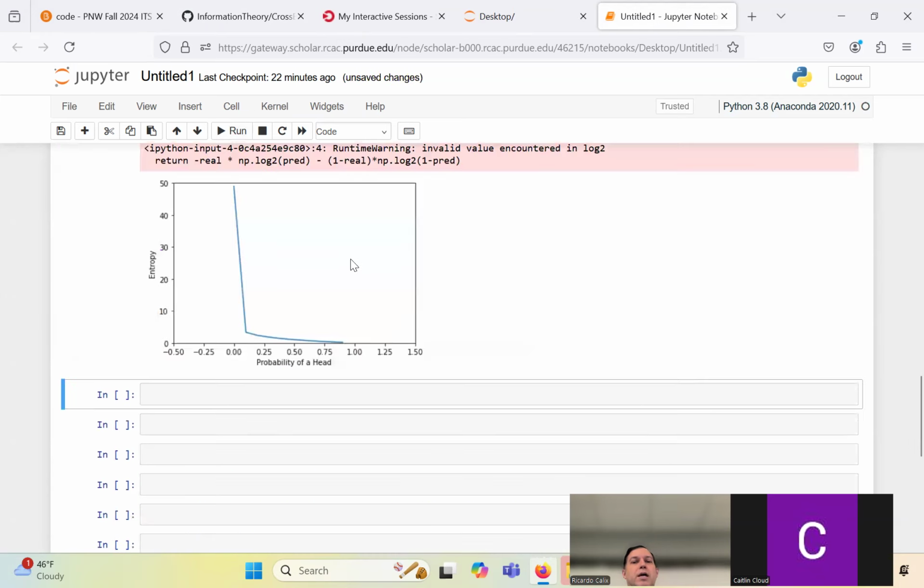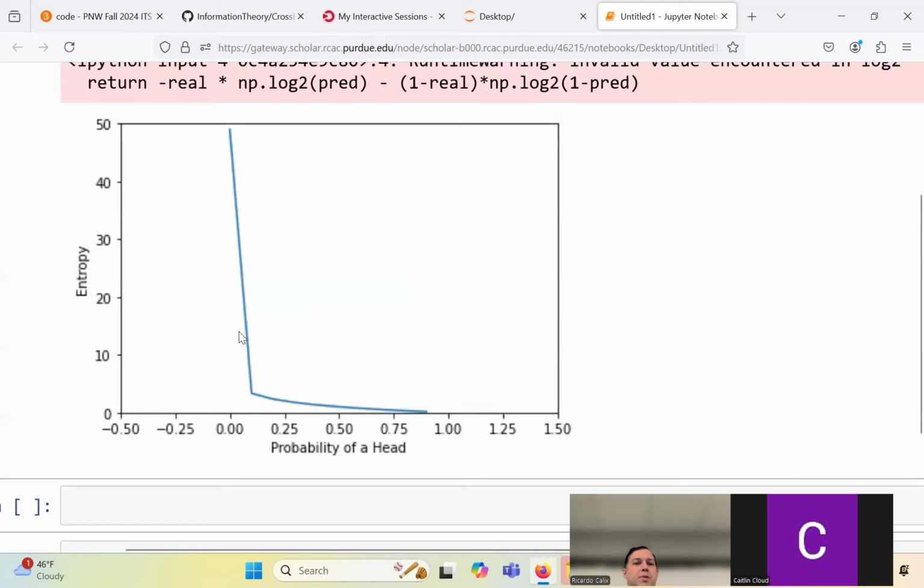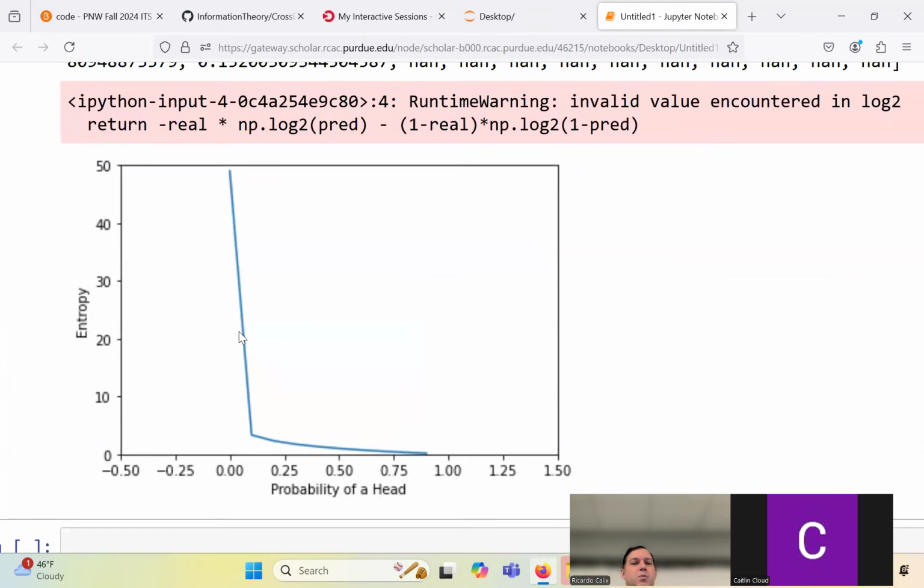So you can see here, it gives me this little graph. It's not a perfect curve, but you can see what it's doing. If the real is 1, so if it's a cat, what do you want the neural network to say about cat? That it also predicts a 1, correct? 1 to 1. And so if you notice, here it goes to 1 when entropy goes down, which means you're optimizing for that.